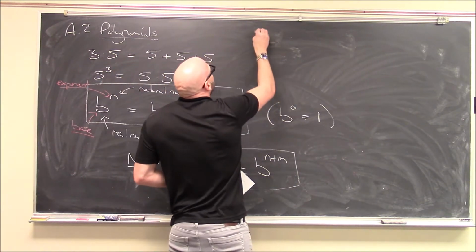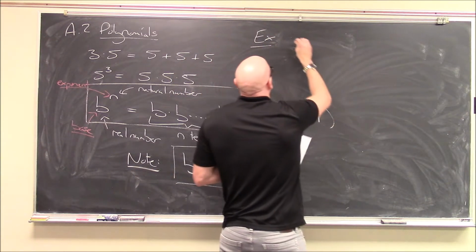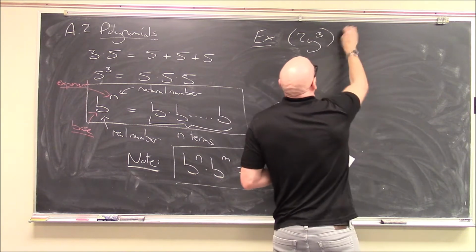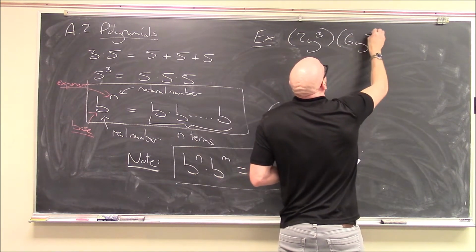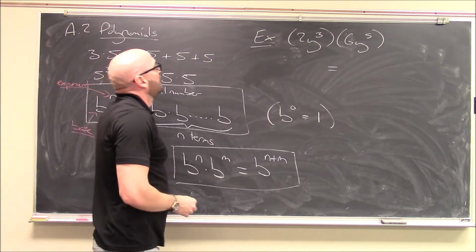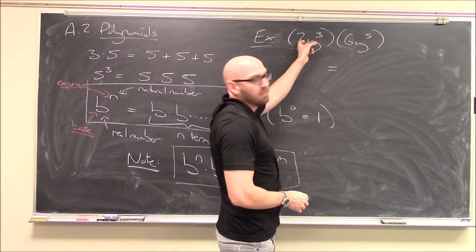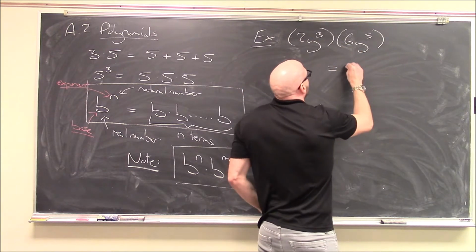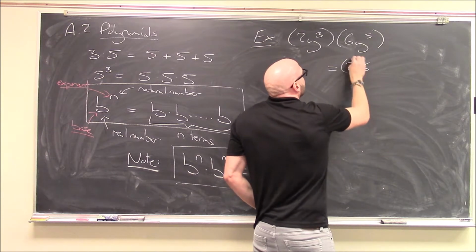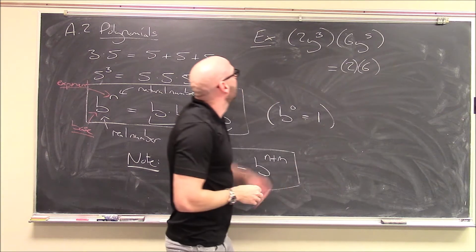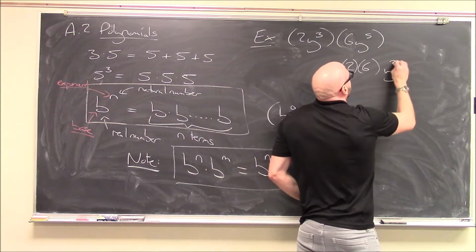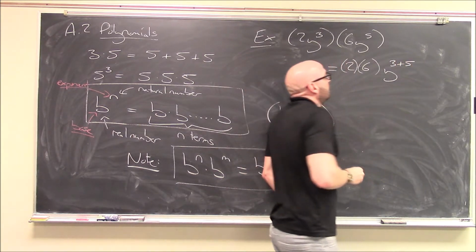So we'll do a really quick example. How about 2y cubed times 6y to the 5th? What is that? Well, of course I've got 2 times 6, and then I've got y cubed times y to the 5th, and as we just saw, that's y to the 3 plus 5.